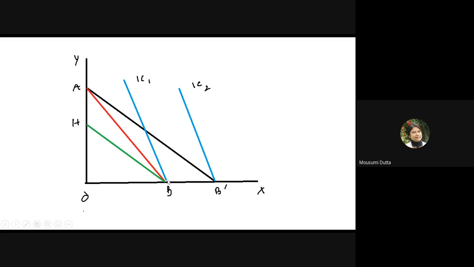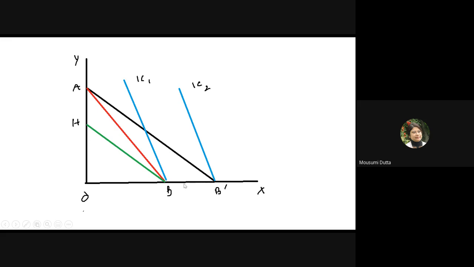If I consider the reverse case, that is MRS XY is always less, the consumer will consume only X at equilibrium. When the blue and the red line merge with each other at B, that is the initial equilibrium purchase. Now there is a rotation of the budget line because of reduction in price of X, and it is meeting IC2 at this corner. So this is the final equilibrium.